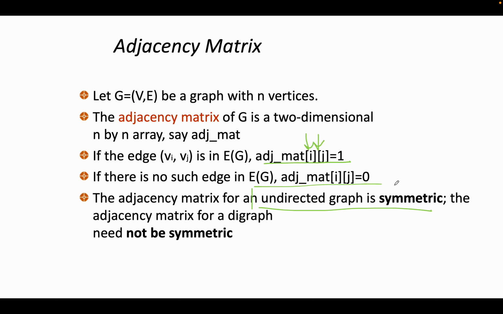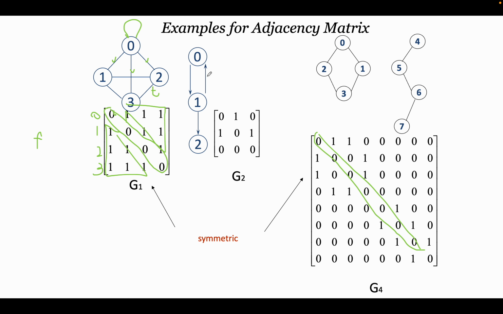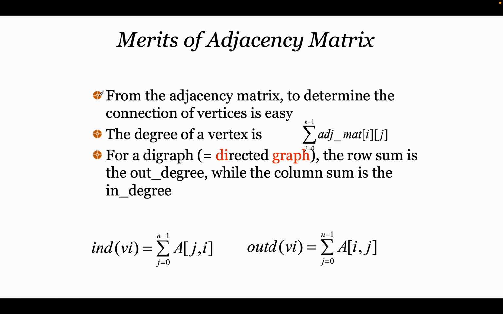It means that the undirected graph will be the symmetric one, but the directed graph will be asymmetric, okay, like this one. If you look at the triangle, the left and the right here are not exactly the same, it means that it is the directed graph, and this is the undirected graph, these two. Okay, and this is how we calculate the degree of the directed and undirected graph.